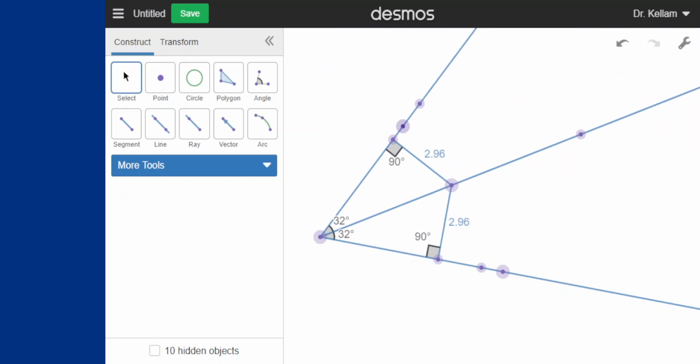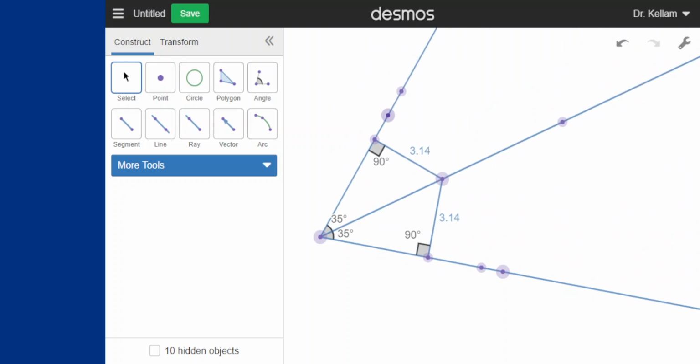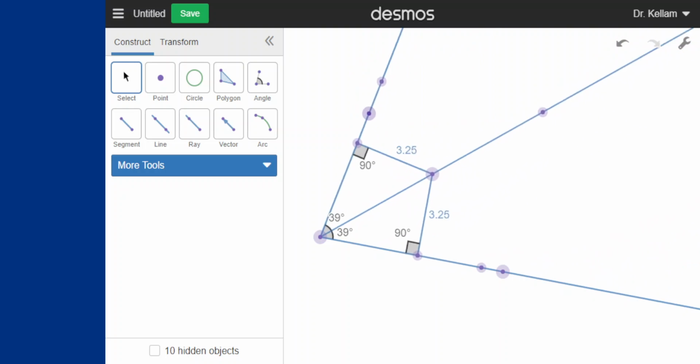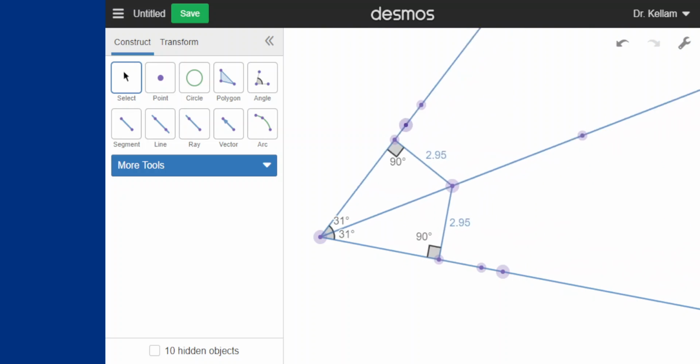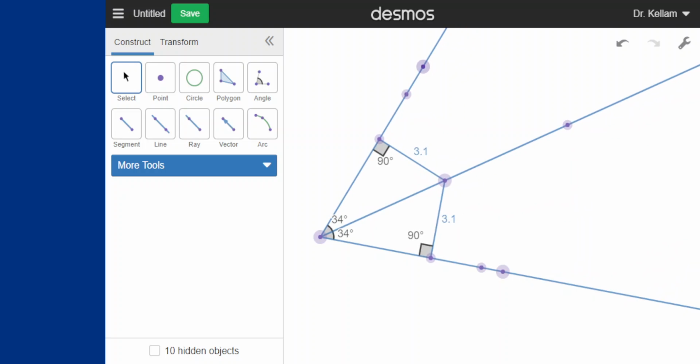We see that we end up with the angle bisector still cutting the angle in half. And those two perpendicular distances remain the same. We can also see that no matter where we are on the angle bisector, those two lengths are the same.